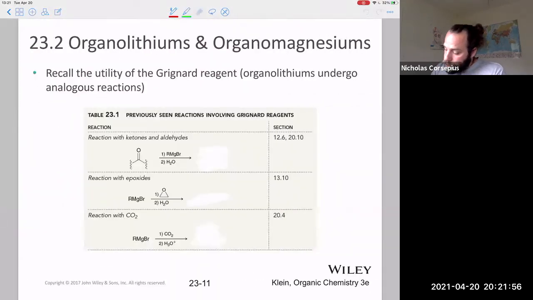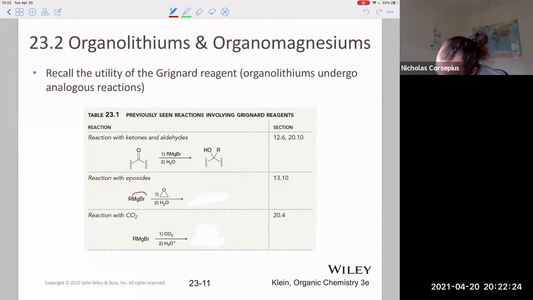So just to review the reactions that we learned about with Grignards: what happens when you react a Grignard with an aldehyde or ketone? You get that R group attached to the carbonyl carbon, and what was your carbonyl oxygen is now an alcohol. What about when you have a Grignard reacting with these three-membered rings with the oxygens? These are epoxides.